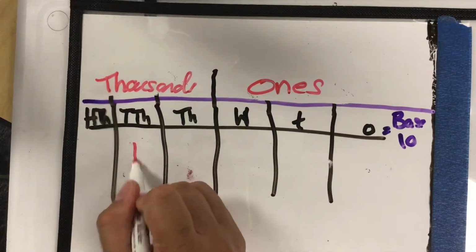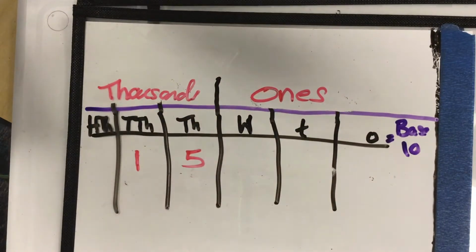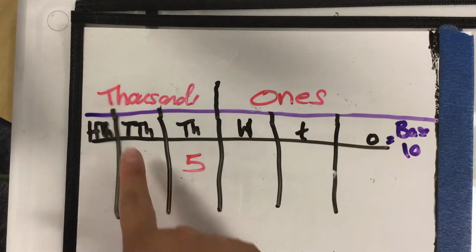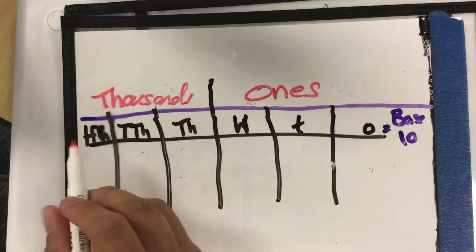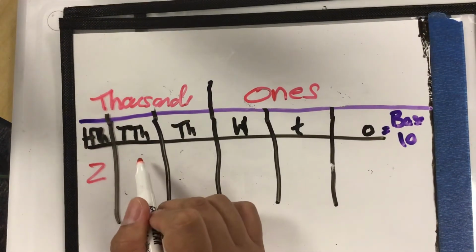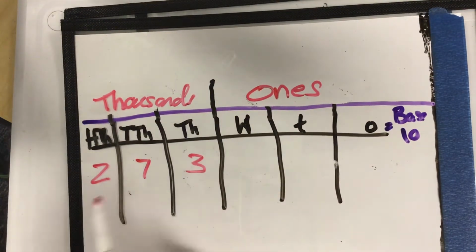If we have 10,000 and 5,000s, we have a total of 15 thousands. And of course, if we go on and talk about hundreds, let's say we have 2 100,000s, 7 10,000s, and 3 1,000s, we have a total of 273 thousands. Okay? Now, even if we go on and on to the millions, it's going to be the same thing.